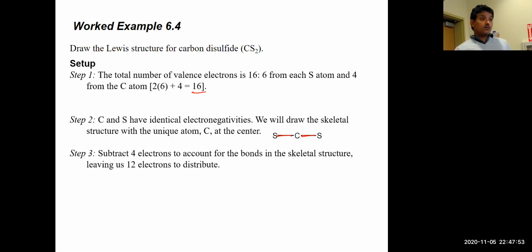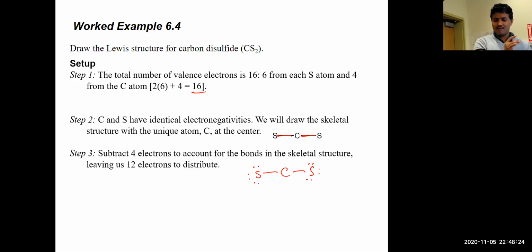And you would use those 6 lone pairs to give the octet to the outside atoms. So 1, 2, 3, 1, 2, 3. So you have an octet number of electrons on each sulfur. So step 4 is satisfied.